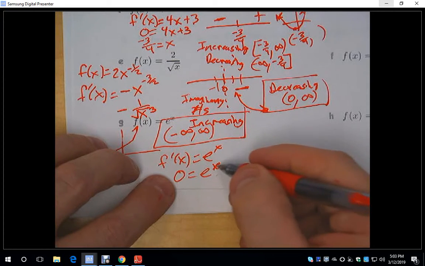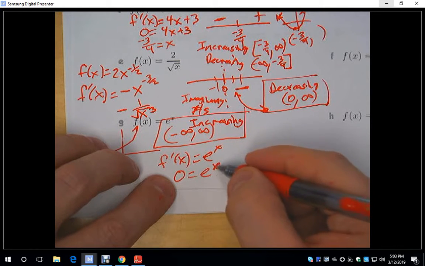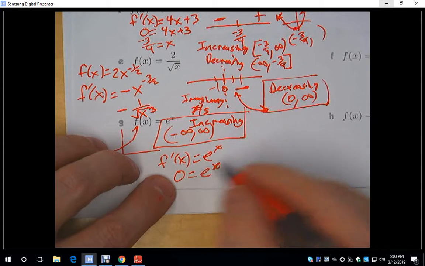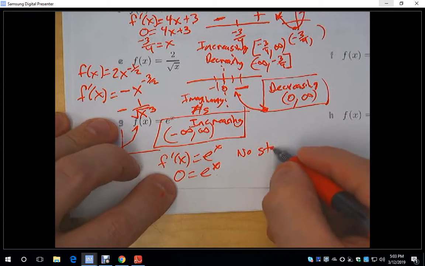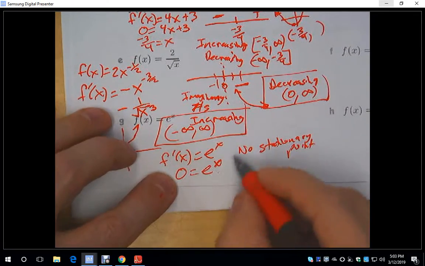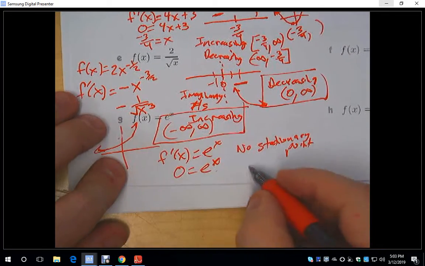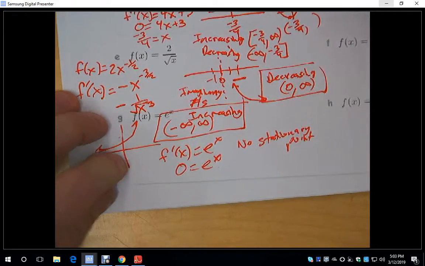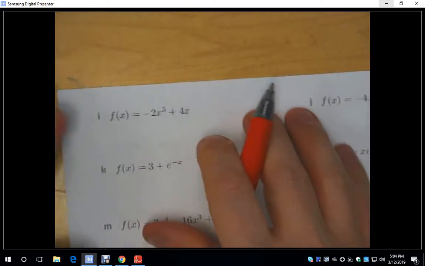Well, there's nothing I can plug in for e to the power of x that's going to give me 0. So there is no stationary point here. So this graph just continues up. We increase from negative infinity to infinity. All right, let's continue. Let's look at some more problems.